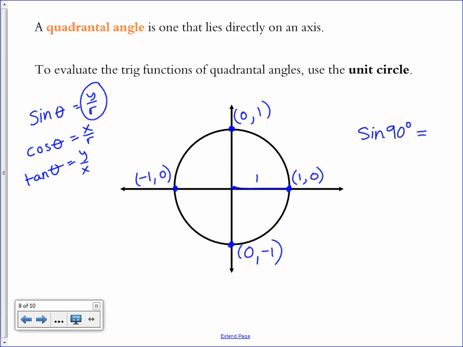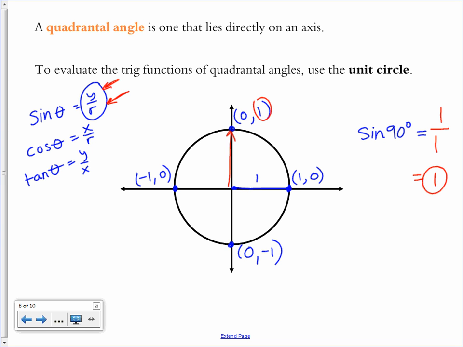Go to a 90-degree angle, which you know is up here, find the y value at that point, find the radius of the circle at that point, and create a fraction. The y value there is 1. The radius of the circle is always 1, and it's never negative. And then that just reduces to 1. So it turns out that the sine of 90 degrees is 1.